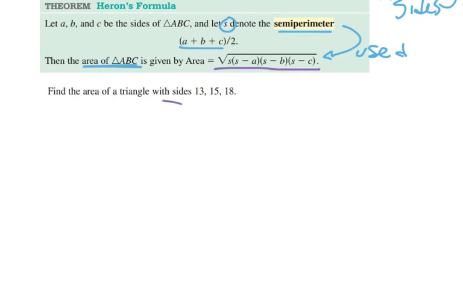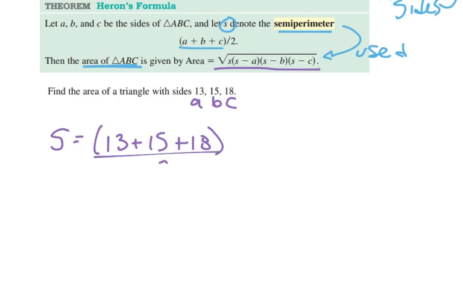So to find the area of the triangle, let's call this A and B and C. We need to find the semiperimeter, and the semiperimeter says that we take 13 plus 15 plus 18 and divide all of that by 2. And then that's 23. So we now know that S is 23.